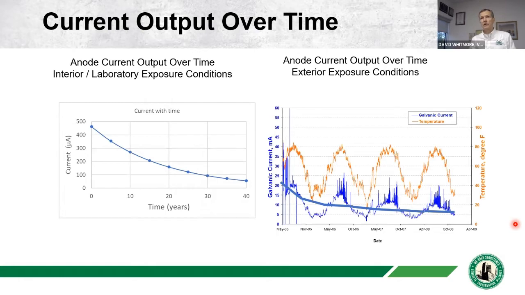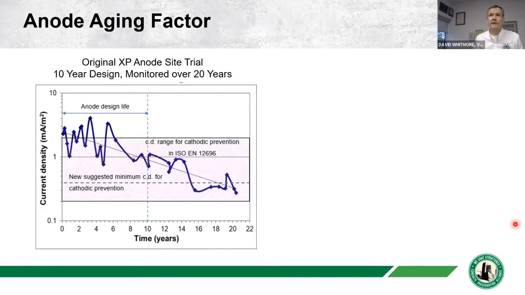And that is really important because we can use that knowledge in the design process. Even if the current has been collected from a field site, so it goes up and down with the weather, if we have it over a period of time, you can get the weather effect out of the data.